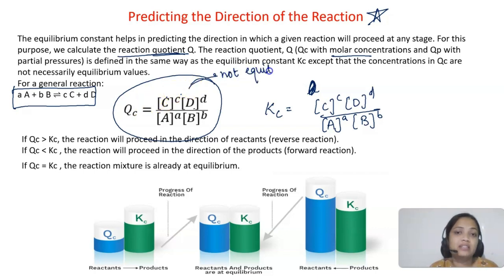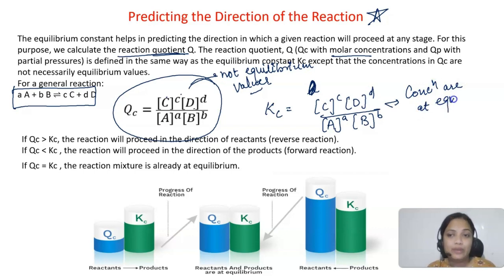It's not necessary that we are taking the equilibrium concentrations. Okay. But it is important कि in equilibrium constant these concentrations are at equilibrium. कि equilibrium पर what is the concentration of reactant and product? If we are using those concentration, then we will be getting the value of equilibrium constant. So this is the difference. Don't get confused. This is the difference.